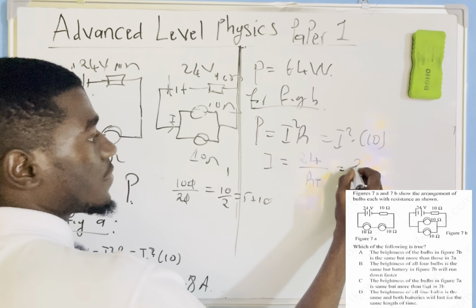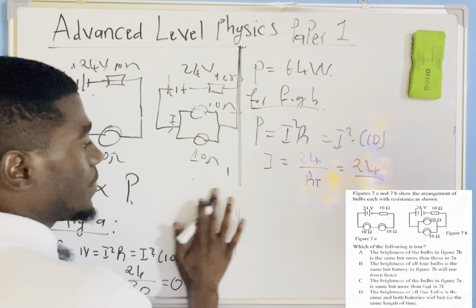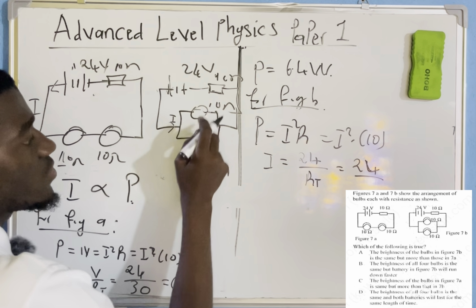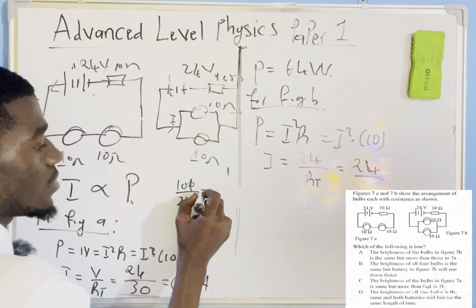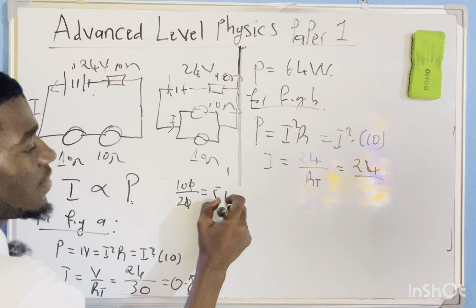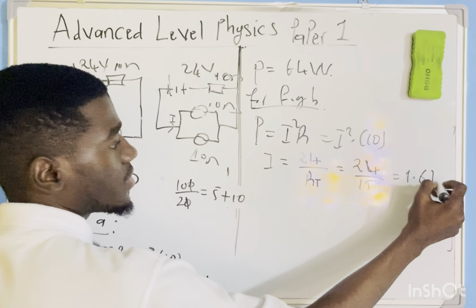So I'll have 24 over the total resistance. Let us do it fast here. The total resistance here is these two in parallel, so product over sum, 100 over 20, which gives 5. Then this is 10 ohms here, so 5 plus 10 is 15. So that gives 1.6 amperes.